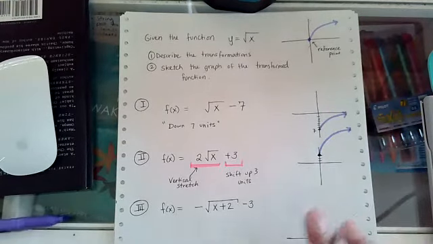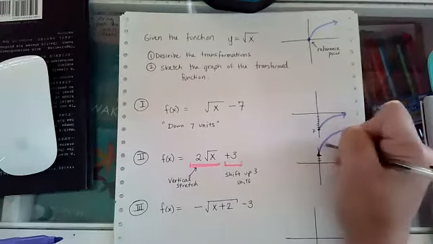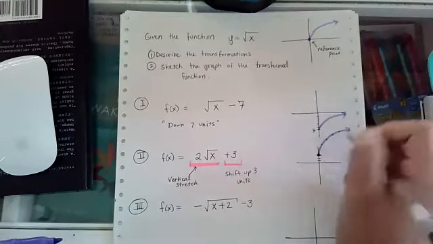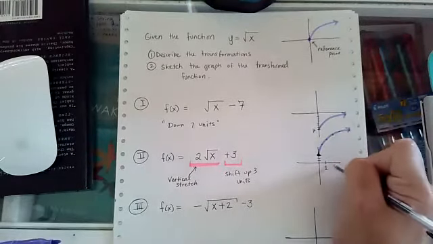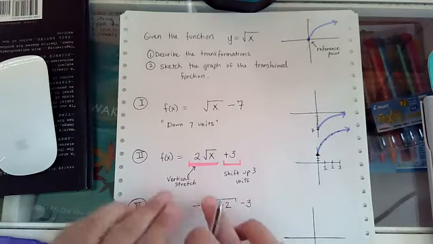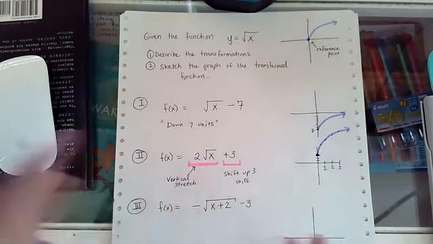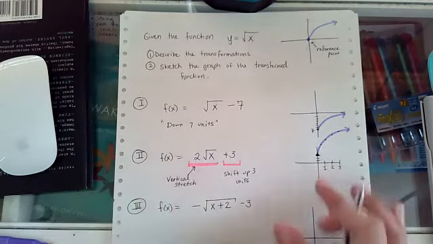If you wanted the exact points for this graph, then you would have to plug in input values, like 1, 2, 3, into the function, and get the output values to see where the y values fall. But I'm not really concerned about that. I'm really just concerned with, can you label what transformations have been applied, and generally can you describe what the graph will look like?